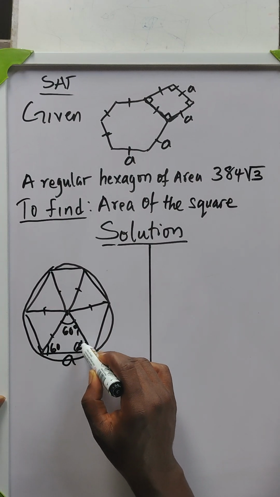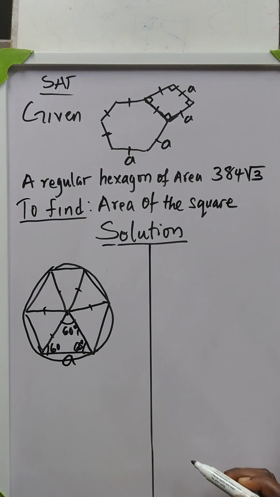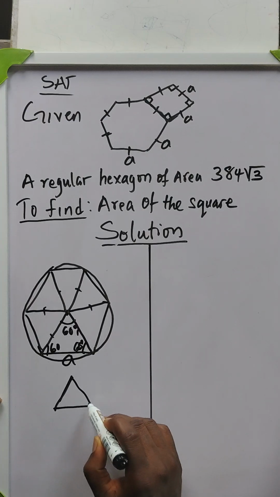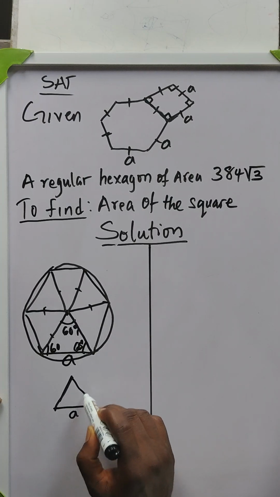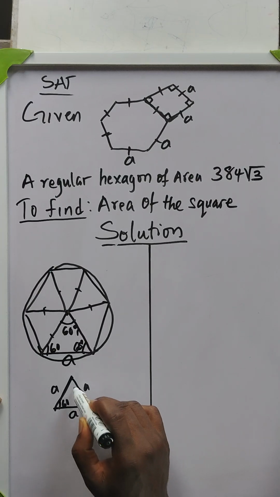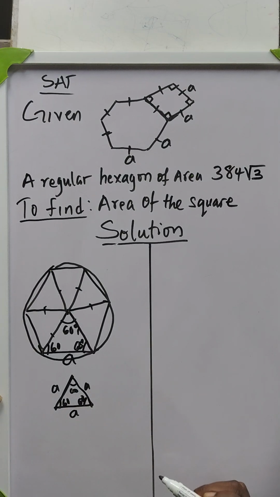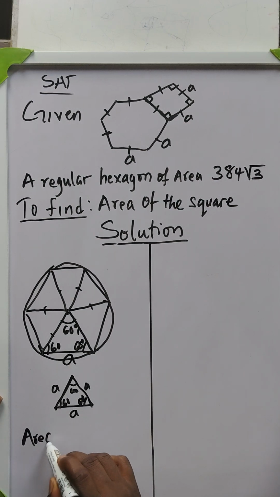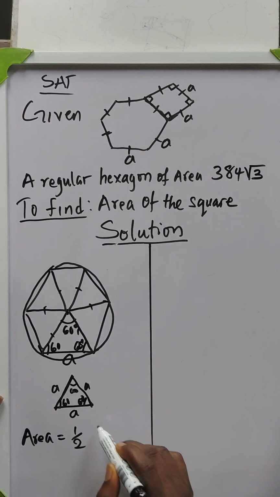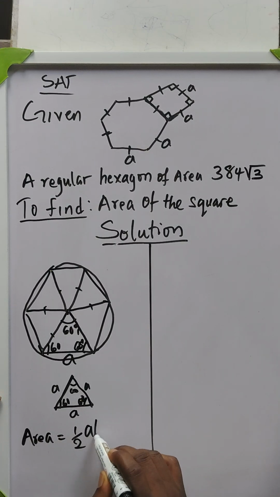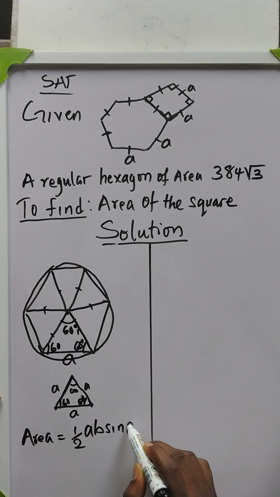So each of these triangles is an equilateral triangle, meaning that all the sides are equal. If this is A, this will be A, this will be A. This is 60, 60, 60. So how do you find the area of a triangle? We know that where the height is not obvious, the area of a triangle is given by half AB sine theta.